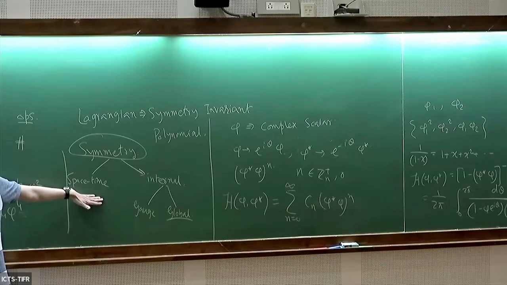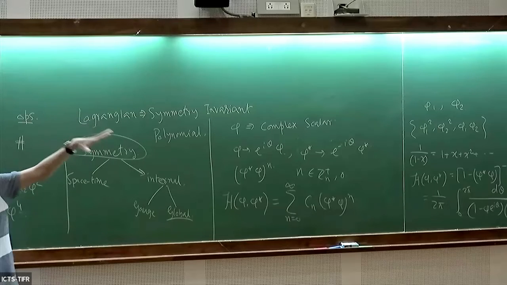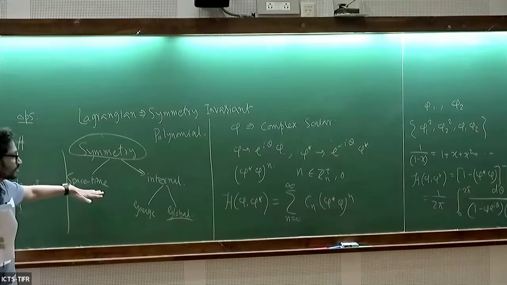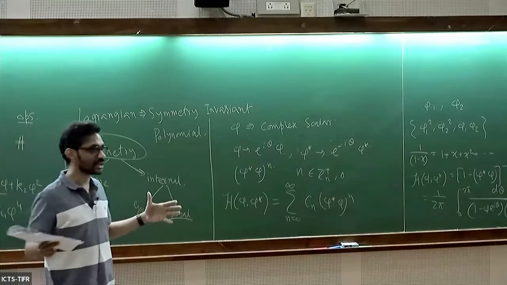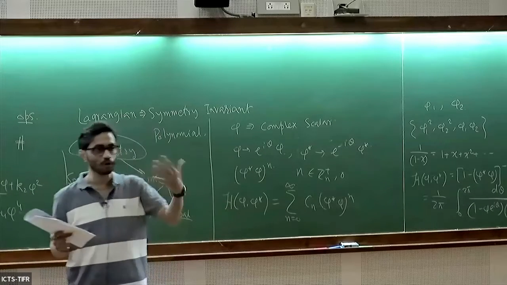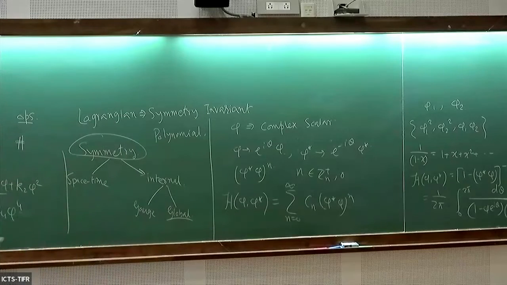So the method that we first discuss will not be readily applicable to space-time symmetry. But can we ignore space-time symmetry? No, because at the end of the day, the Lagrangian that I'll be writing also has to be invariant under the Lorentz symmetry. Also, I have a fermion, I have a D mu, I have an F mu nu, which transform non-trivially under the space-time symmetry.